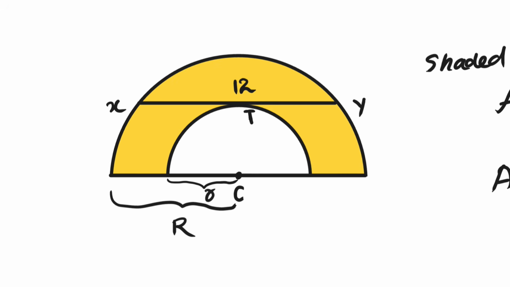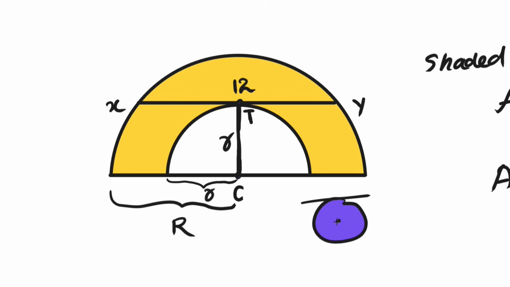Now let's use the information about the tangent. We connect the center C to the point of tangency, CT. Since T lies on the smaller semicircle, the segment CT is a radius of the smaller semicircle. Therefore, CT has length lowercase r. Now here comes an important circle theorem. When a radius is drawn to a point where a tangent touches a circle, that radius is perpendicular to the tangent line.